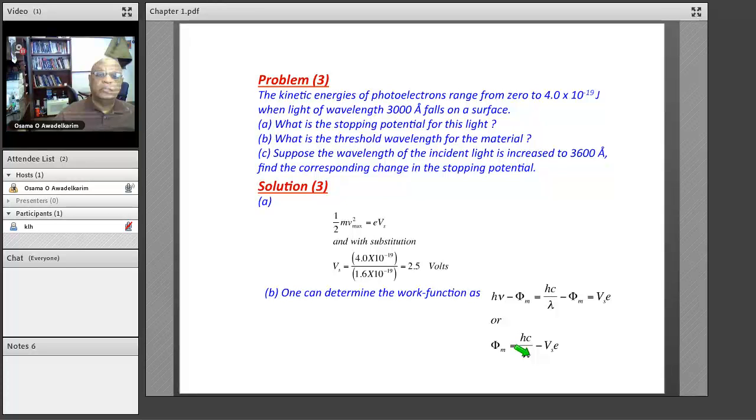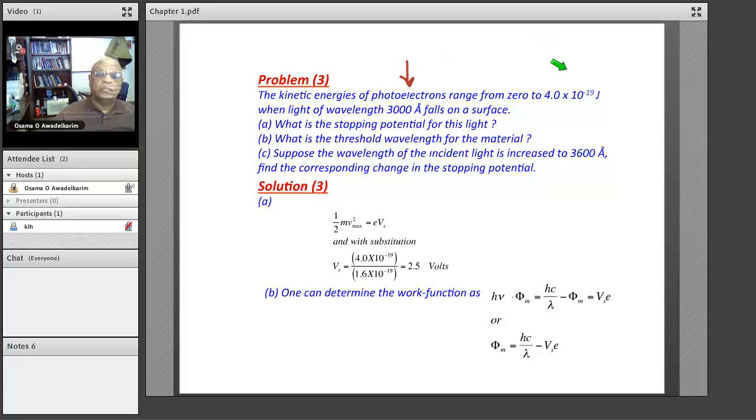Let's look at this example on the photoelectric effect. The kinetic energies of photoelectrons, which are the electrons produced by optical radiation or by light, range from 0 to 4 times 10 to the minus 19 joule.